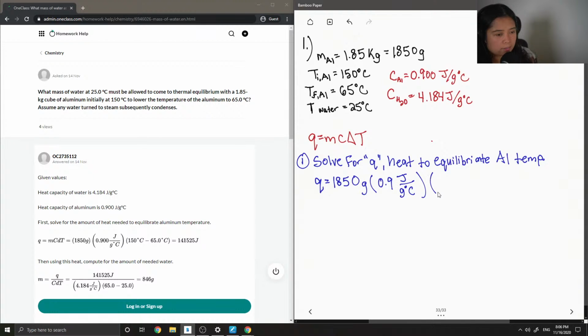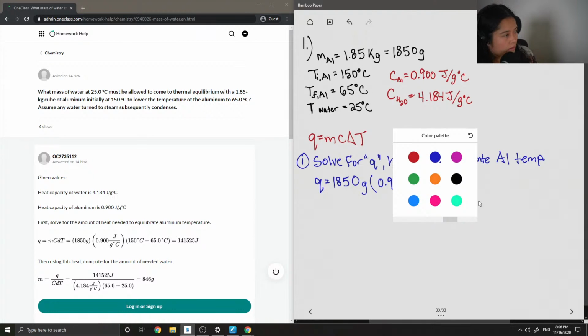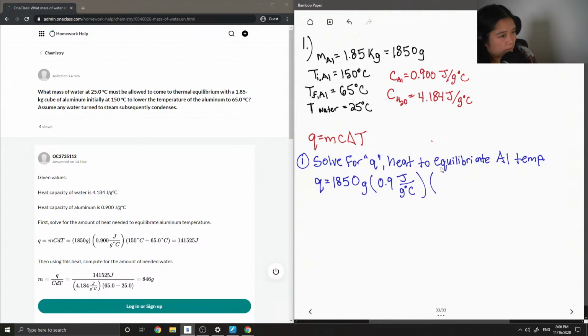And delta T is T final minus T initial, so it will be 65 degrees minus 150 degrees.